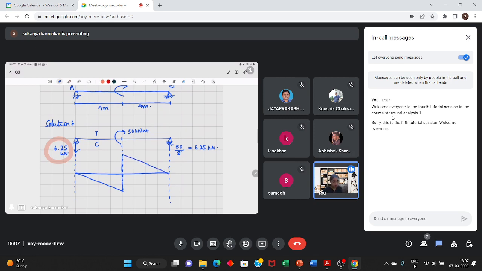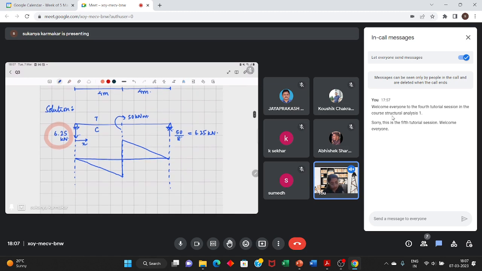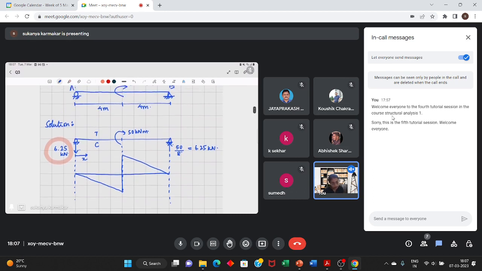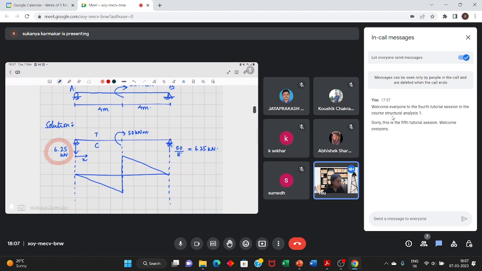These are all straight lines because of your moment equation. What will be the moment equation? If I take x from this direction, it will simply be 6.25x with the negative sign. The moment equation being 6.25x, what will be its value at 4 meter?